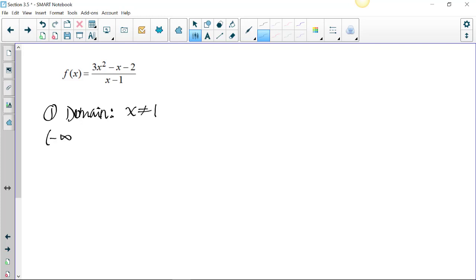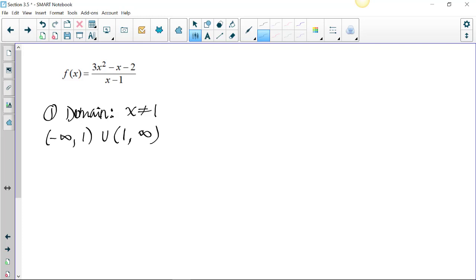Now, if you want to write an interval notation for practice, it's basically all real numbers from negative infinity to 1, not including 1, or from 1 to infinity. So I have a break in my graph at 1. All right, what's going to happen there? Do I have a vertical asymptote, or do I have a removable discontinuity or a hole in the graph?